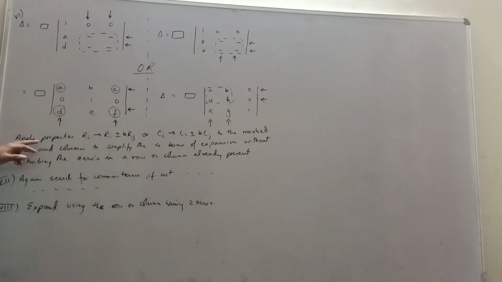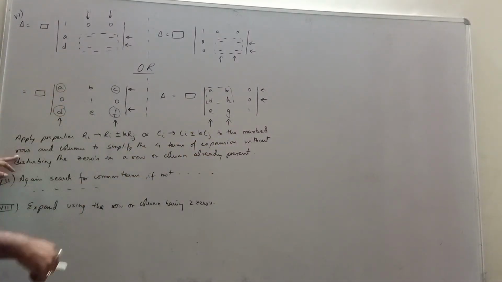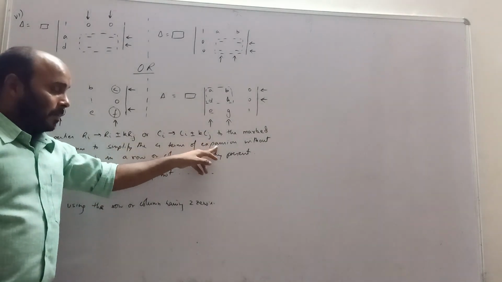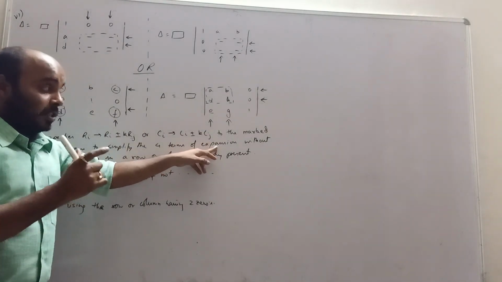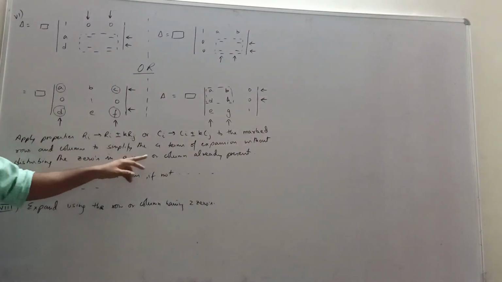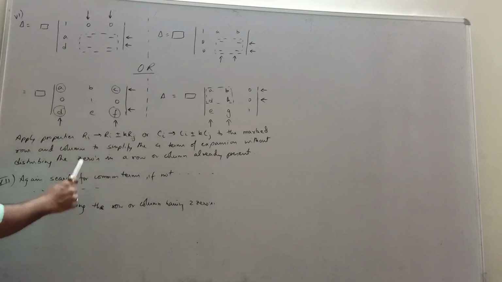That I have written here: apply these properties to the marked rows and columns, to simplify the 4 terms of expansion, without disturbing the zeros already present in a row or column.